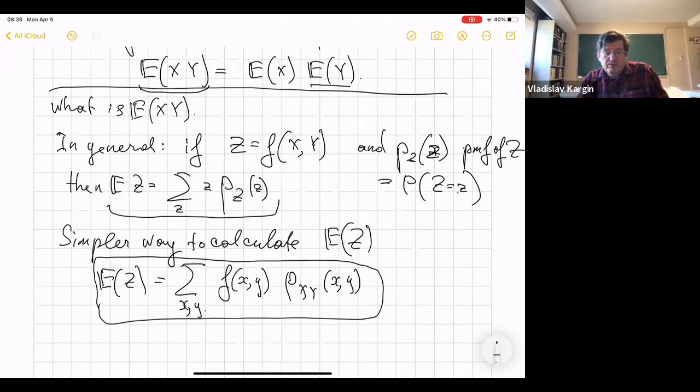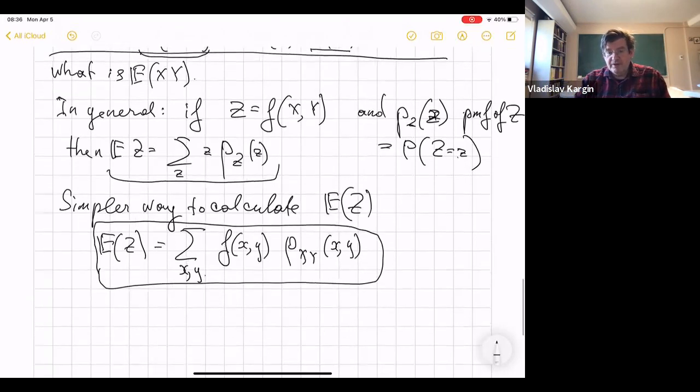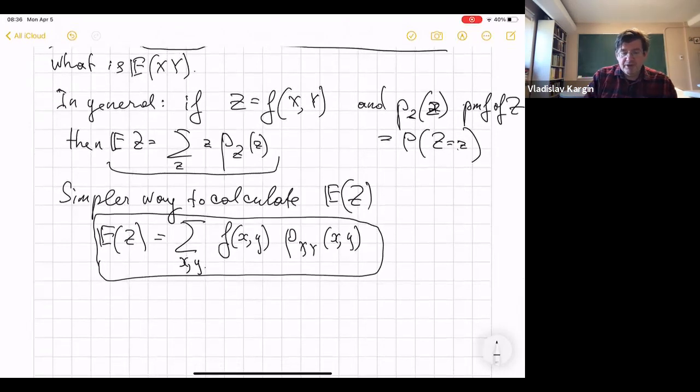So you can use this formula as a kind of definition. It's much easier. And so if we apply it to our situation, how to calculate the expectation of a product of two random variables, then in this case, what you'll get is the expectation. So it's an example.